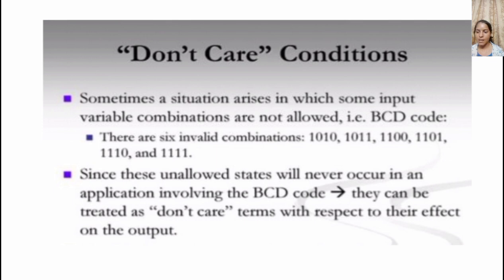Since these unallowed states will never occur in an application involving the BCD code, they can be treated as don't care terms with respect to their effect on the output.